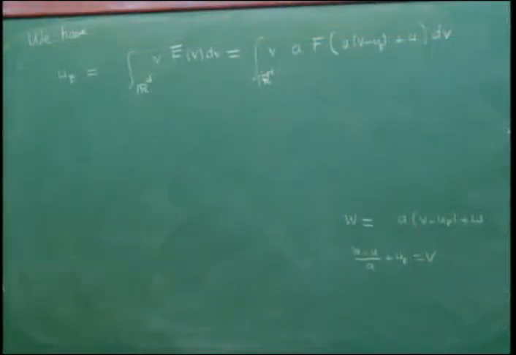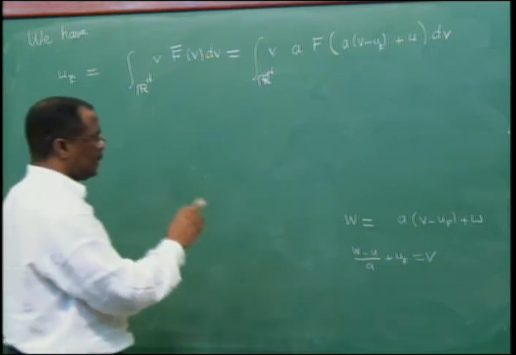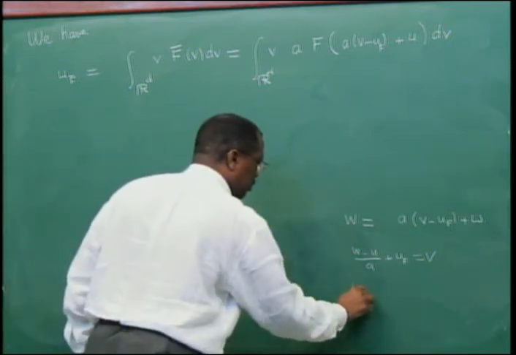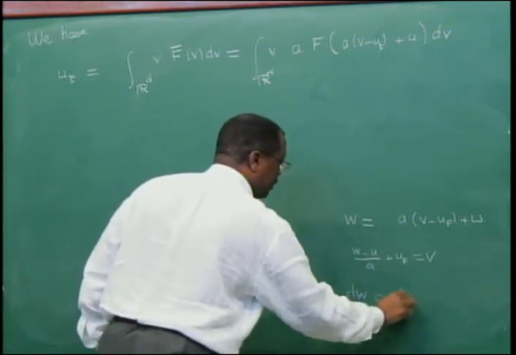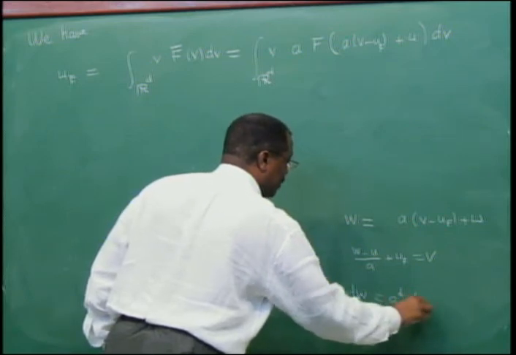So if I make the change of variable w equal to a(v − u_f) + u, it corresponds to v equal to that. And dw is a to the power d dv.